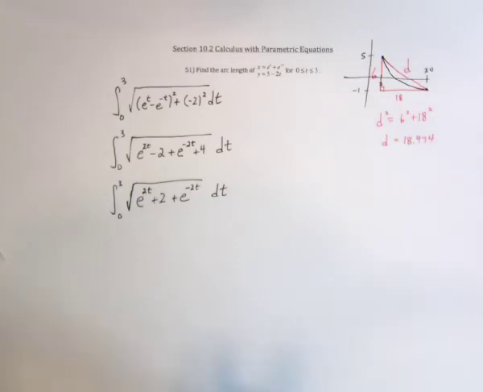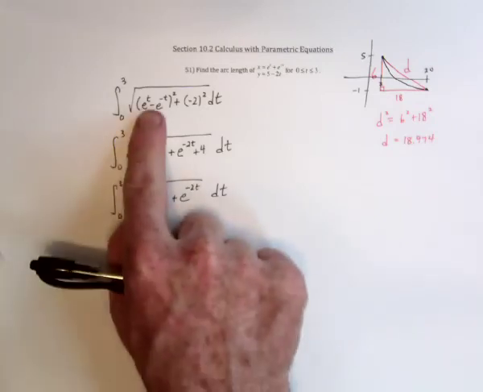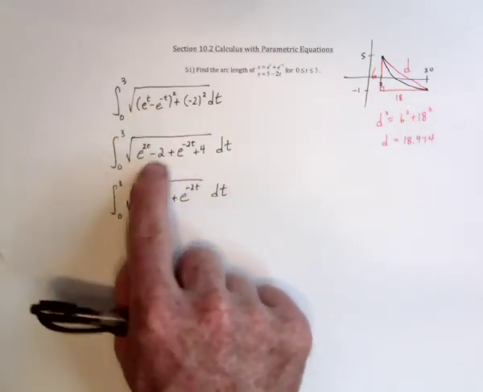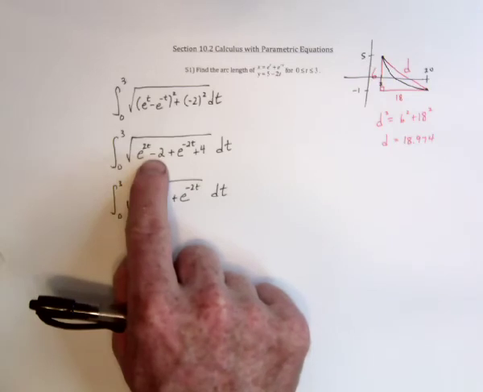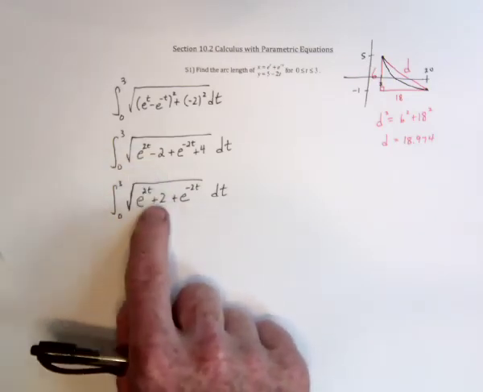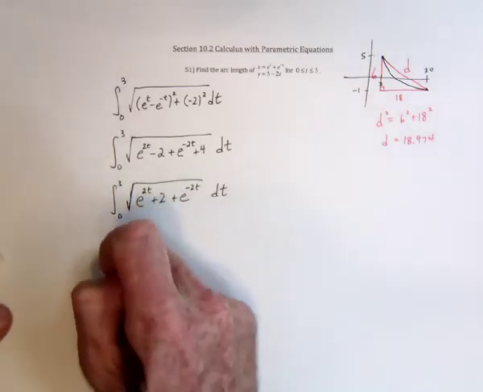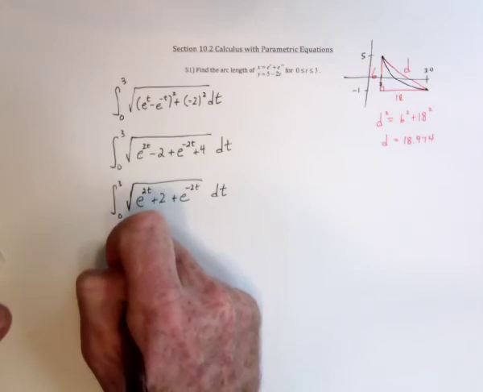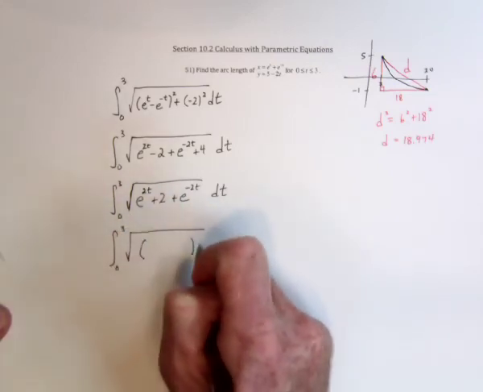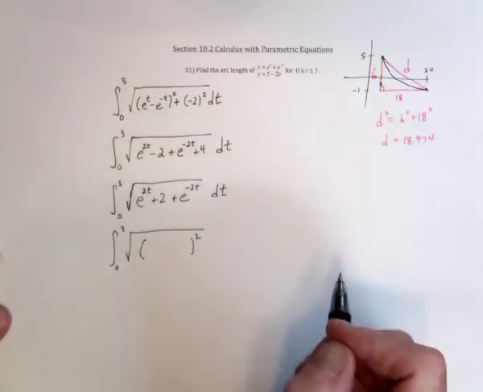Well, and hint number 2 is, if you look at this, when we multiplied it out, so when we squared this, we got this thing with a -2 in the middle. What we're left with right now is almost the exact same thing, but with a positive in the middle. So that leads me to believe that you could factor. And in fact, it should factor into a perfect square.